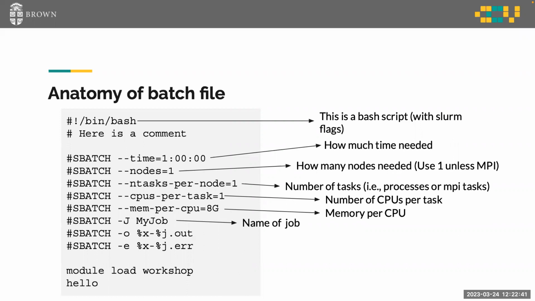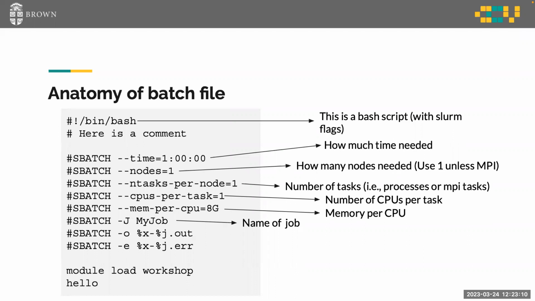This is how you define where the output and the error files go. So anything that would normally be written to standard out gets dumped into this file here, which would have a .out at the end. Anything that would go to standard error gets dumped to a file .err. You can actually have these both write to the same file if you want. I tend to separate them just to keep them separate. And what this means here, %x substitutes my job name.